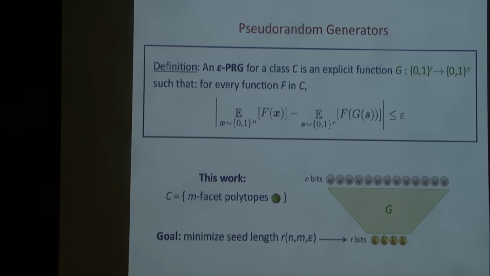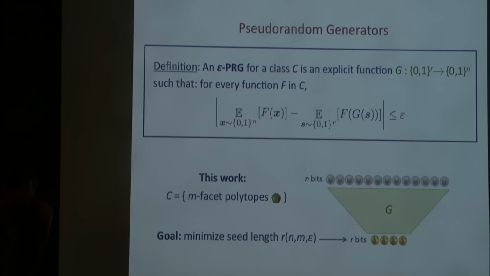You can think of the problem of designing pseudorandom generators for all sorts of classes. In this work, we are going to focus on m-facet polytopes, and we'd like to minimize the seed length, which is equivalent to minimizing the size of the discrepancy set. There are a few parameters here: n, which is the dimension; m, which, as I mentioned, is the number of facets.